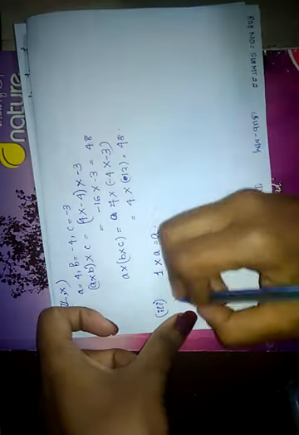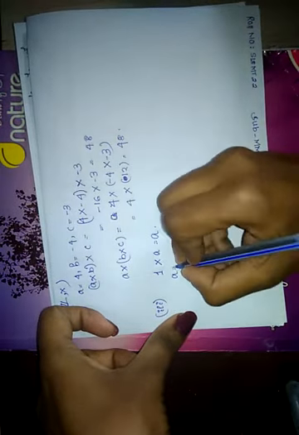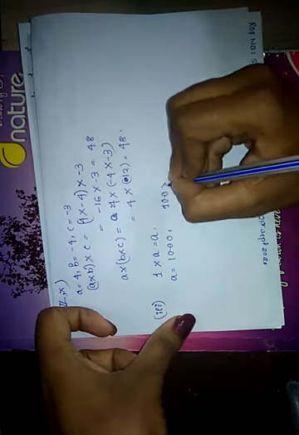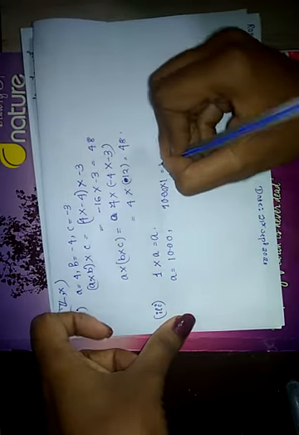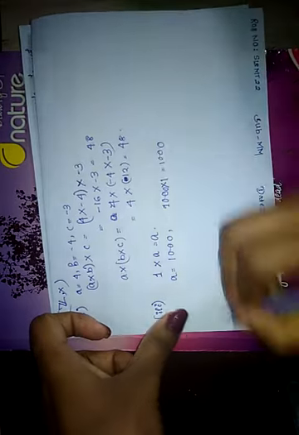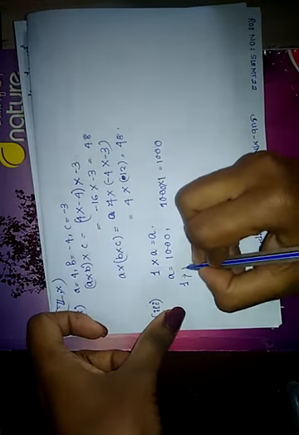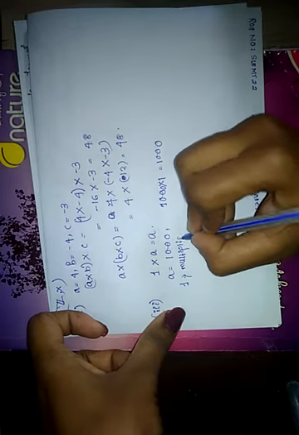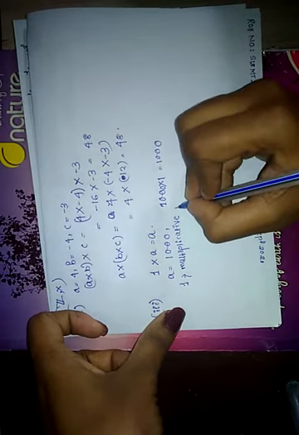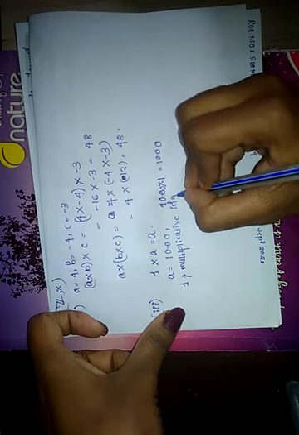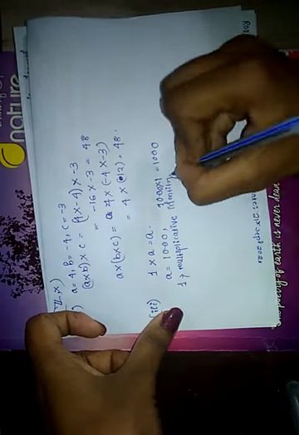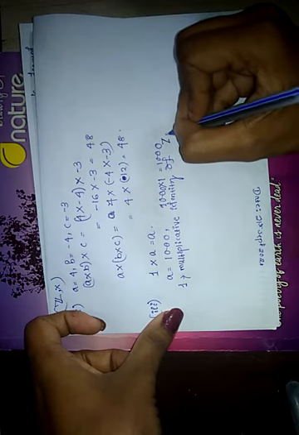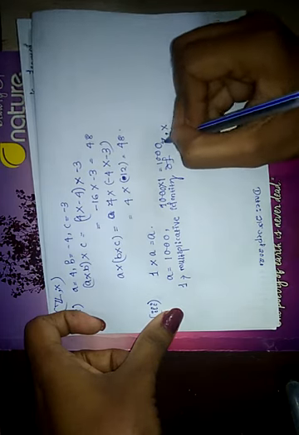We can check it also: 1000 when multiplied with 1 gives the same 1000. Therefore 1 is the multiplicative identity of the algebraic structure Z under multiplication.